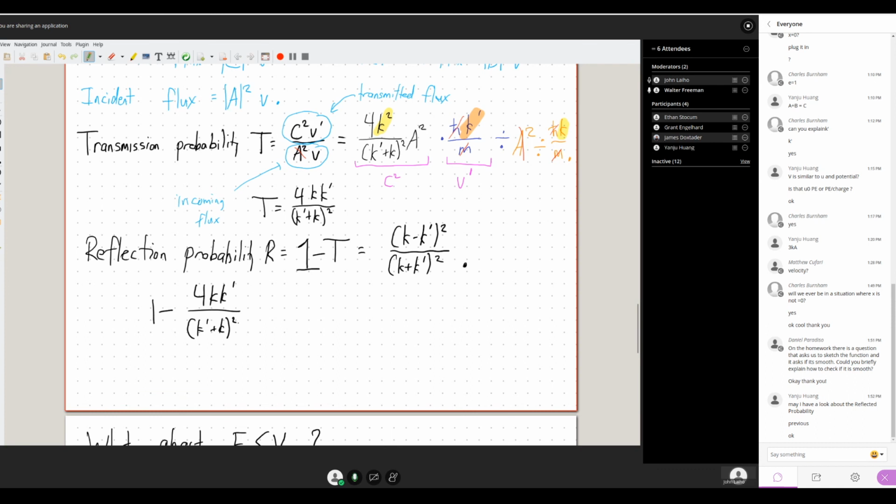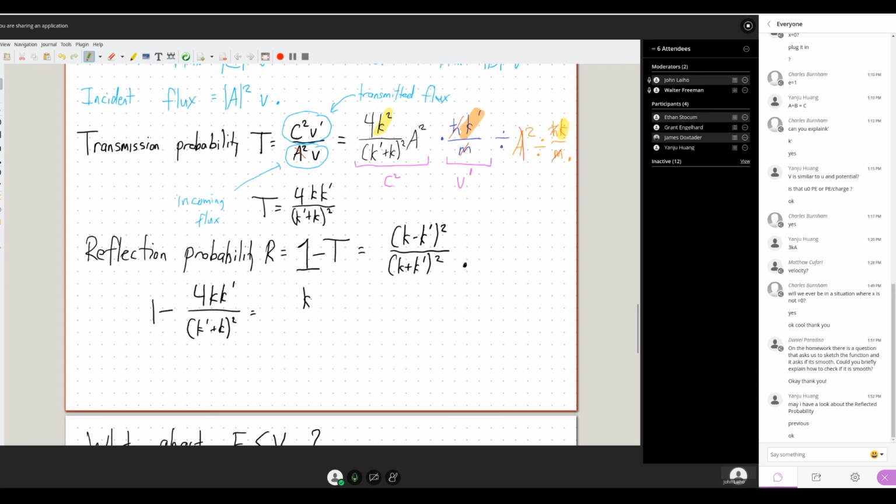It's actually pretty easy to see how you get that, because when you square everything out, I'll actually write it out. Here I'm going to factor out the denominator.